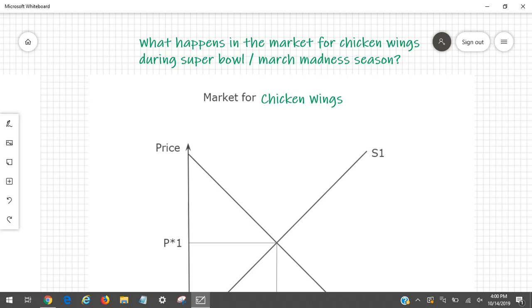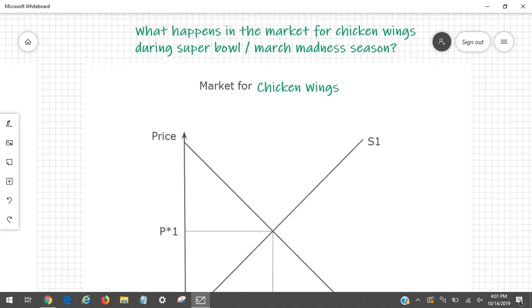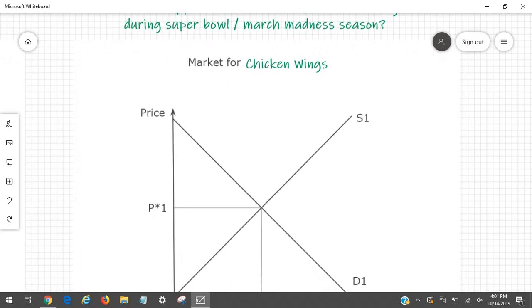So we would expect during this time the demand for chicken wings to increase. And as far as which of the 10 determinants of demand and supply this is, it would be a change in consumer tastes and preferences.